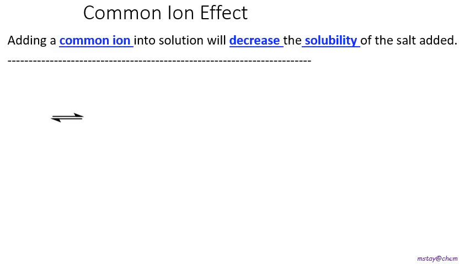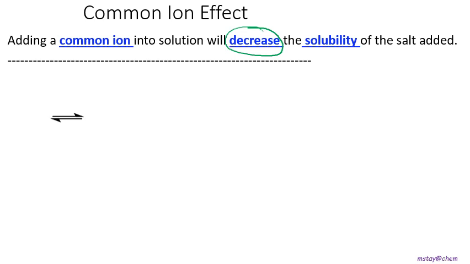Now let's discuss theoretically how the common ion will affect the solubility. When we add a common ion into the solution, generally it will decrease the solubility. This is the so-called conclusion for the common ion effect.